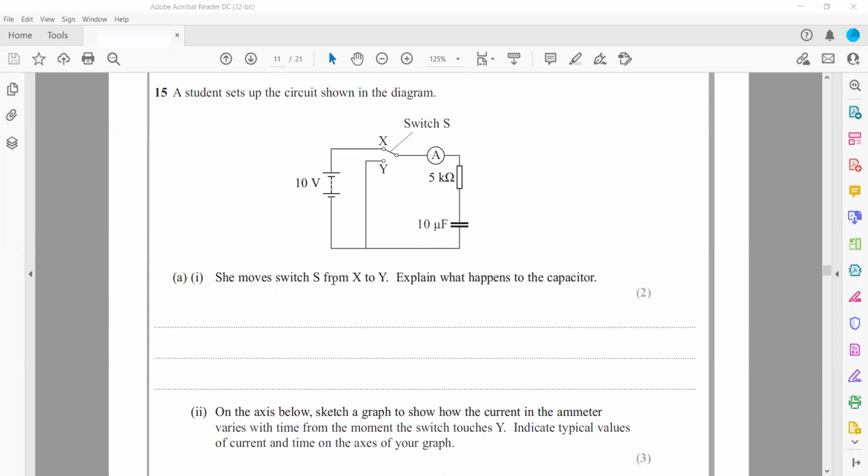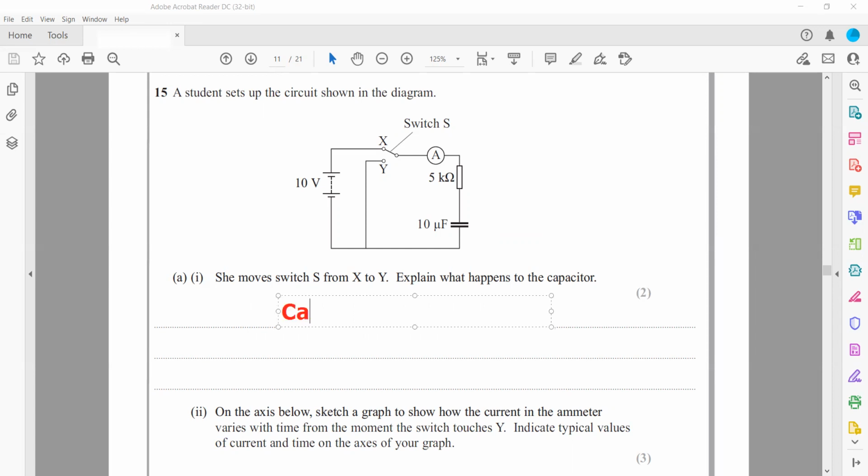So she moves the switch from position X to Y. Explain what will happen to the capacitor. At X it was charging, but at Y the capacitor starts to discharge.